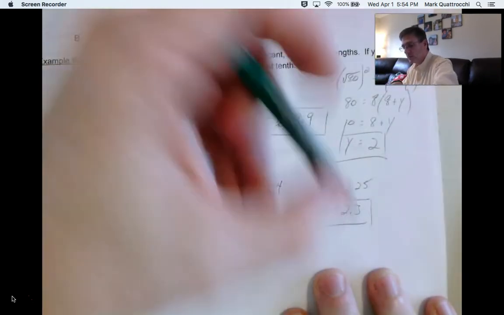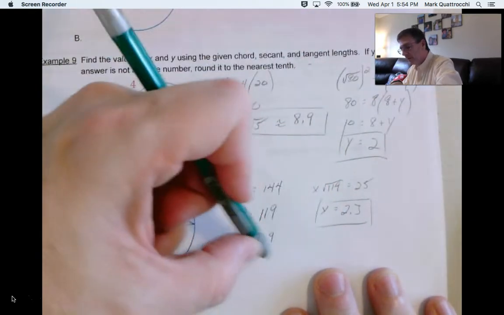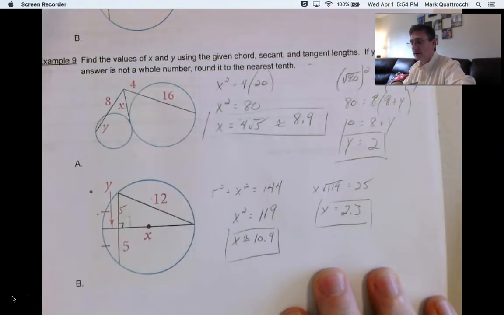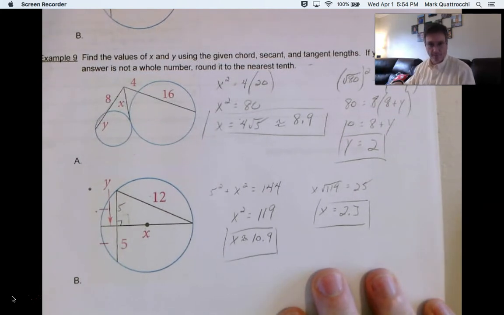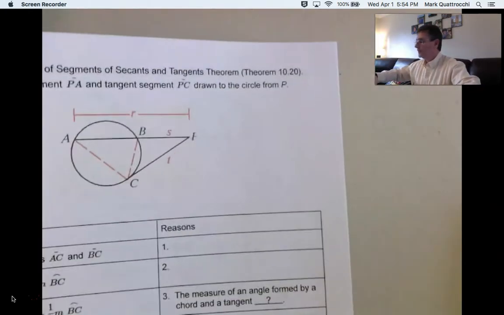Sorry, not x, y. Again, I think the answer key has a slightly wrong answer on it for both x and y. So that was 9. 10 is filling in the proof.